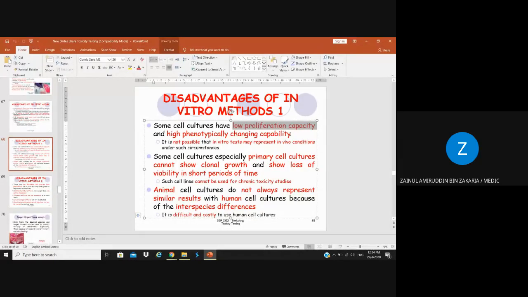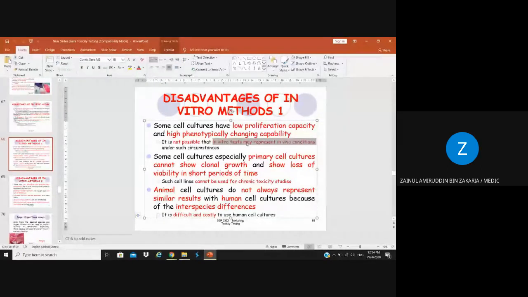That's why if you overdose on paracetamol, you can get liver damage and die because of the excess production of its metabolite. This kind of thing makes it impossible for in vitro to represent in vivo conditions.